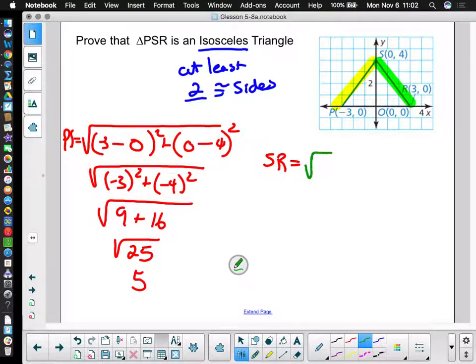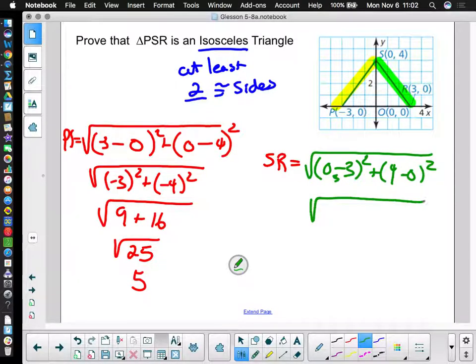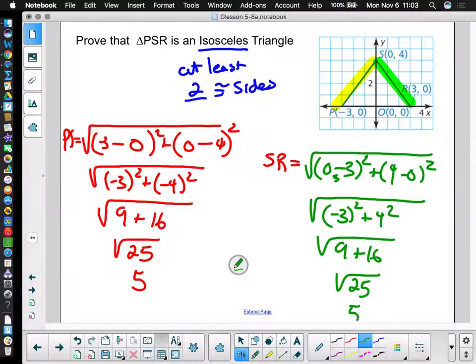I'll switch colors for the rest of this. And again, the x coordinates are 0 and 3, and the y coordinates are 4 and 0. And again, we just work our way through the distance formula. I know it seems like I'm doing a lot of steps, but it's because I want to show all my work.